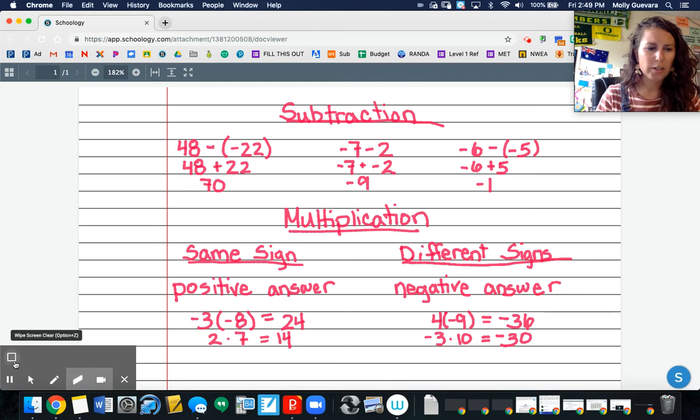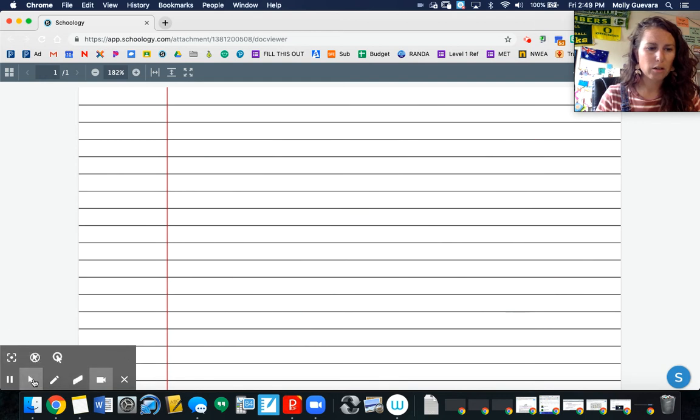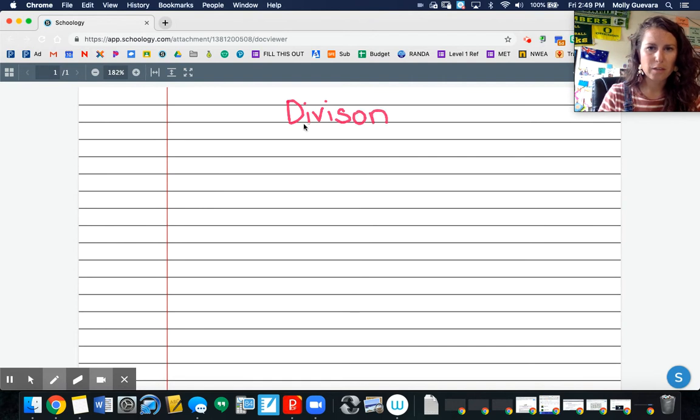And we are going to move on to division, which is the last one. So division. Okay, so division is nice. It's the same rules as multiplication.